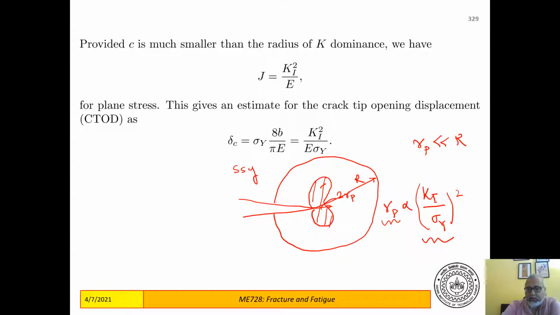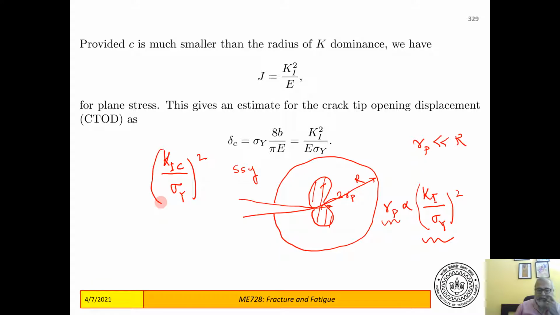how does this affect the testing of K1C? K1C is a parameter that has to be determined from experiments. So you will have to determine K1C from experiments, and at failure, when K1 is equal to K1C, your plastic zone size will be proportional to this quantity.